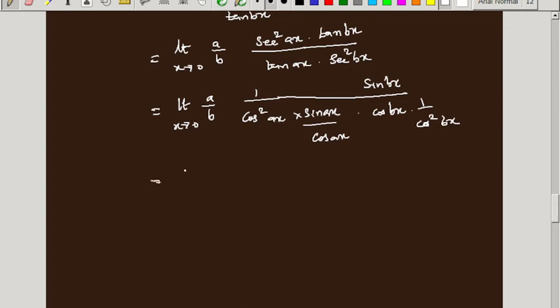So here if we simplify this one, we can cancel 1 cos square, 1 cos here, and we get sin bx dividing by cos bx reciprocal, sin bx into cos bx dividing by the denominator sin ax into cos ax.